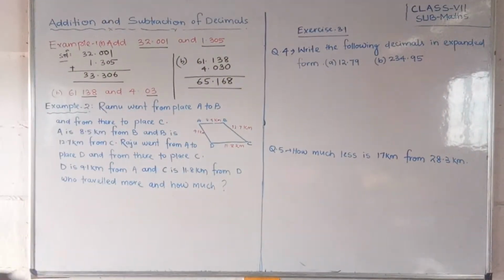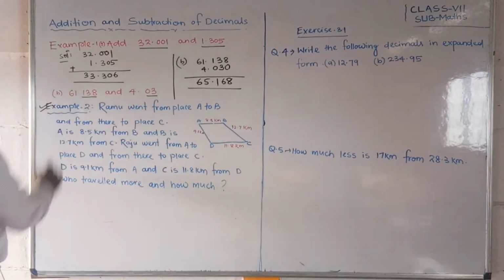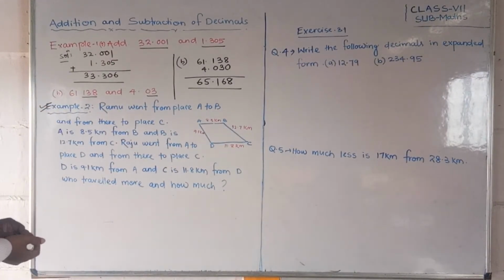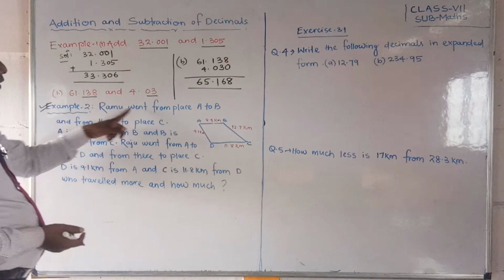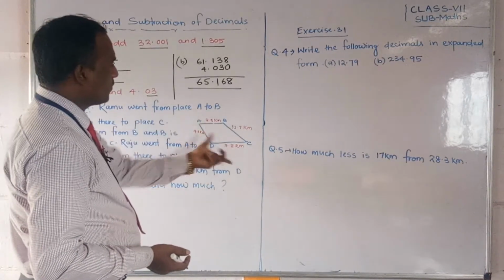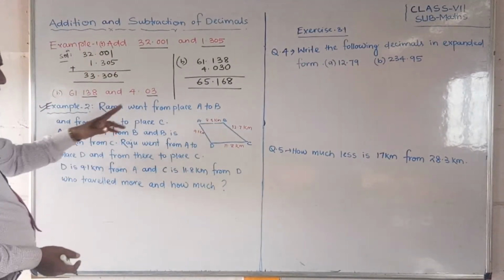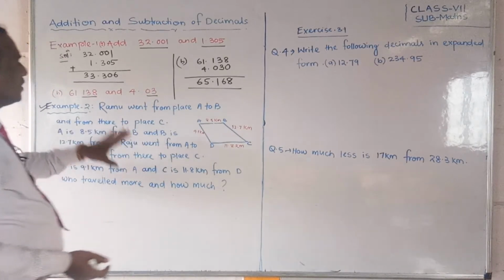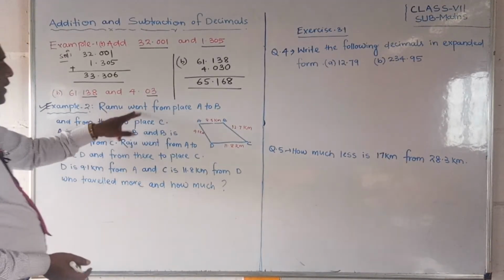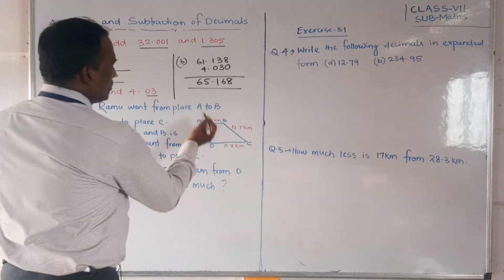Okay, now students, we can go for example 2. Read the question carefully. Ramu went from place A to B. Here a figure is given, and the question is according to that figure. Ramu is one of the students.